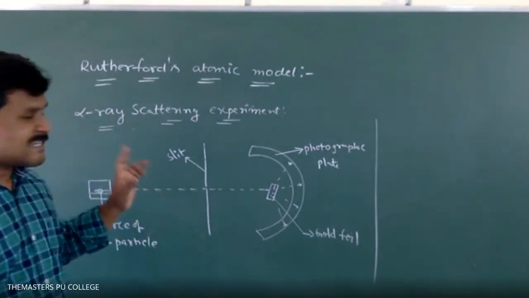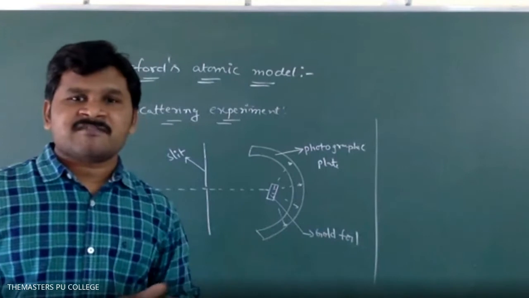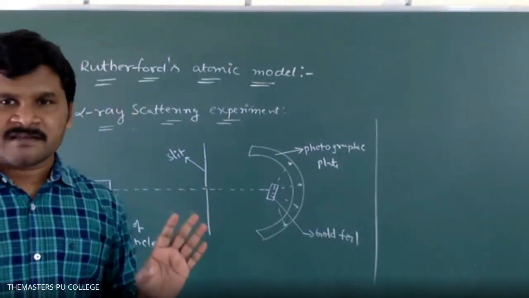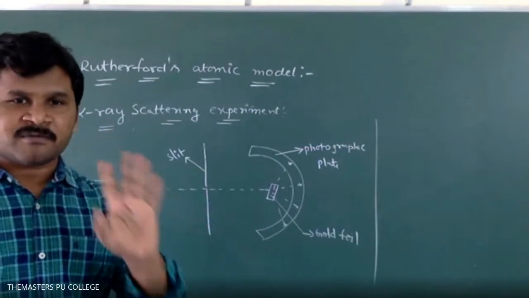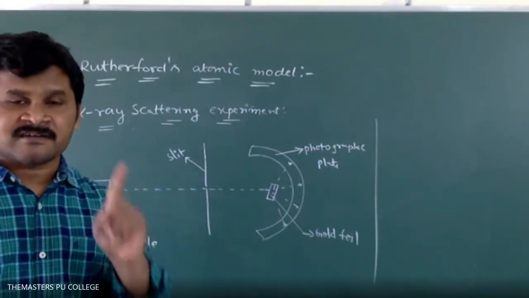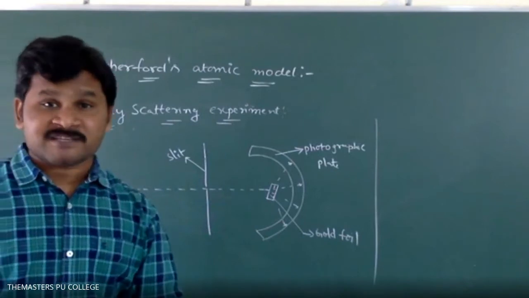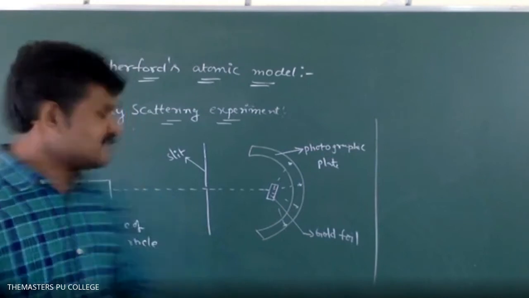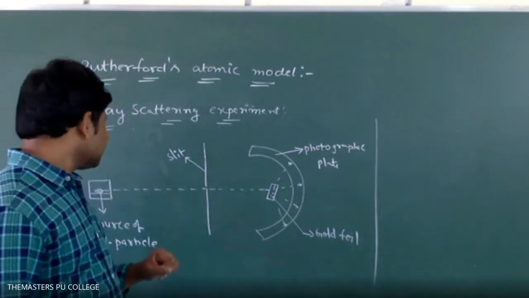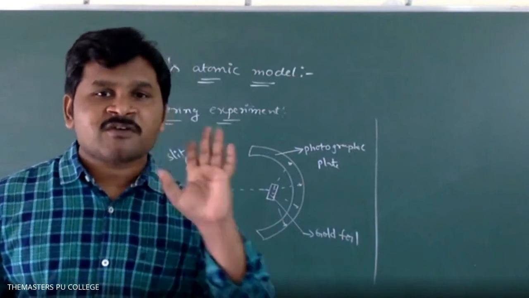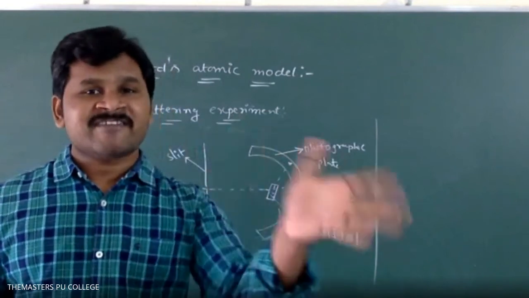Based on this experiment, he made three important observations. First observation: most of the alpha particles, that is alpha rays, passed through the gold foil without any deviation.